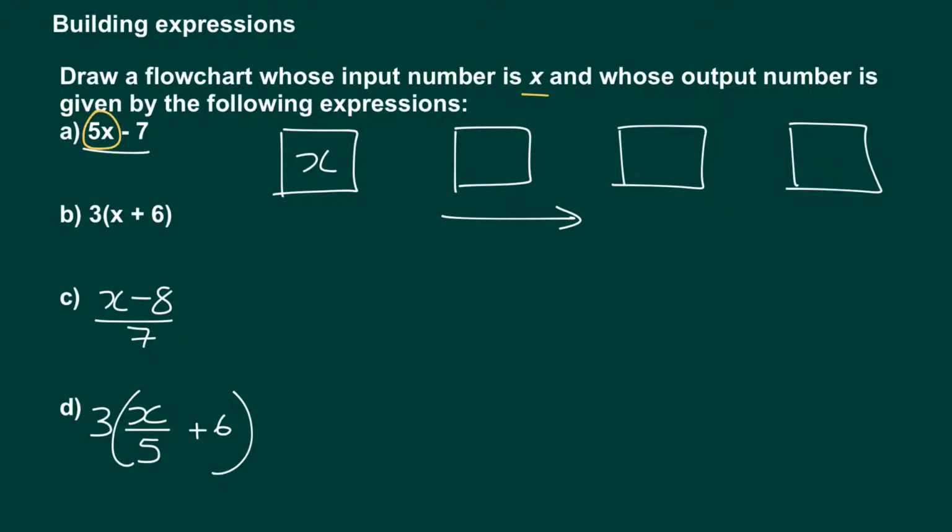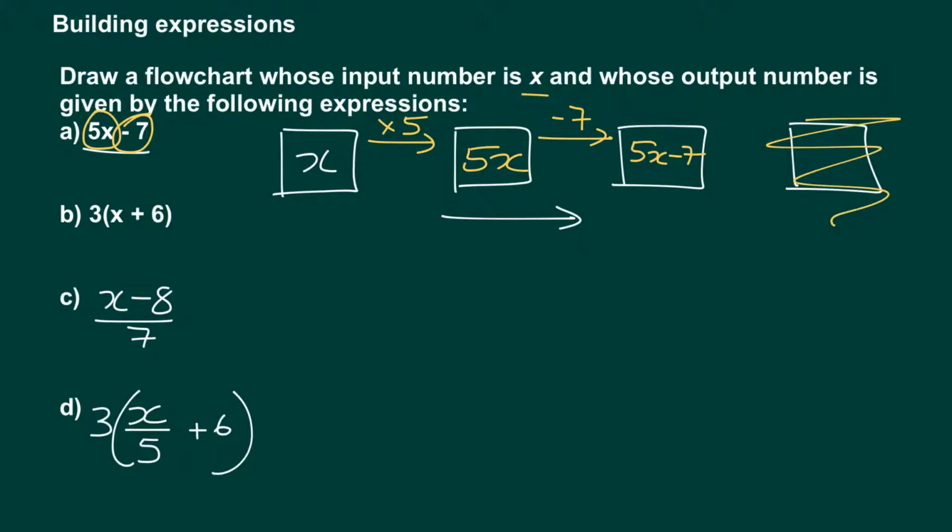So 5x is simply multiplied by 5. So that will give us 5x. And then the second thing that we have to do is minus 7, which will give us 5x minus 7. So we don't need that final one there. So that right there, guys, is the flowchart that describes 5x minus 7.